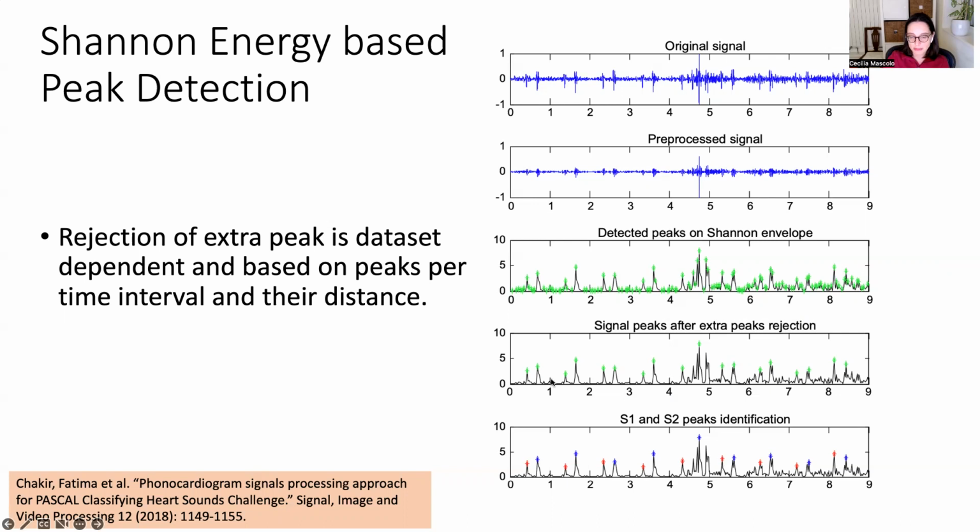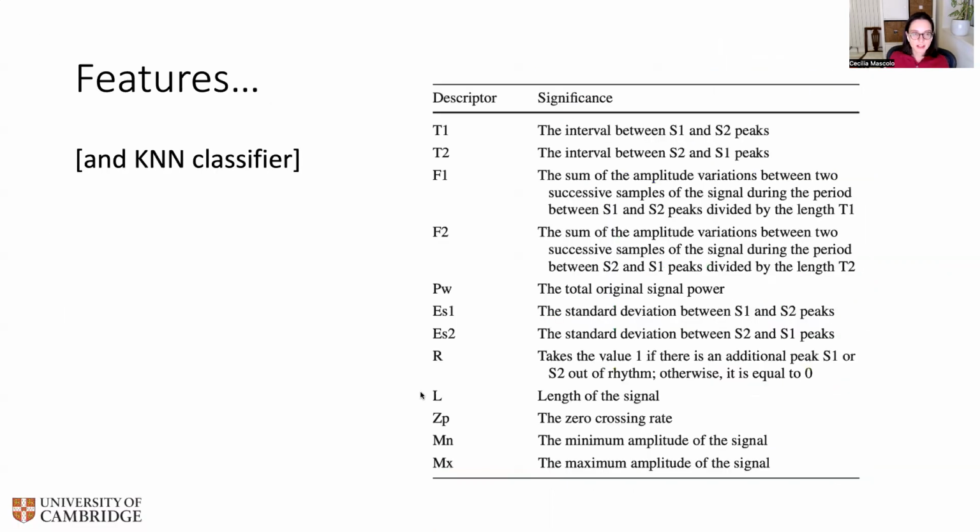You can read a little bit about it, but essentially it's like: in this period, how many do we have, how distant they are, how distant they should be, how high is the peak. By these characteristics they find the relevant peaks, and then by sequence they go from first and second.